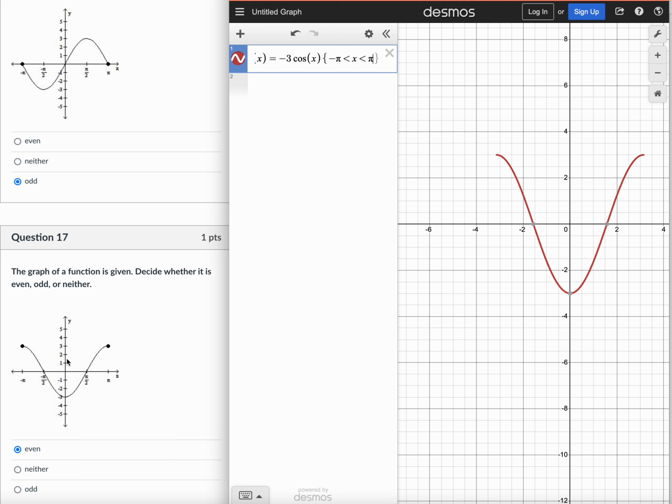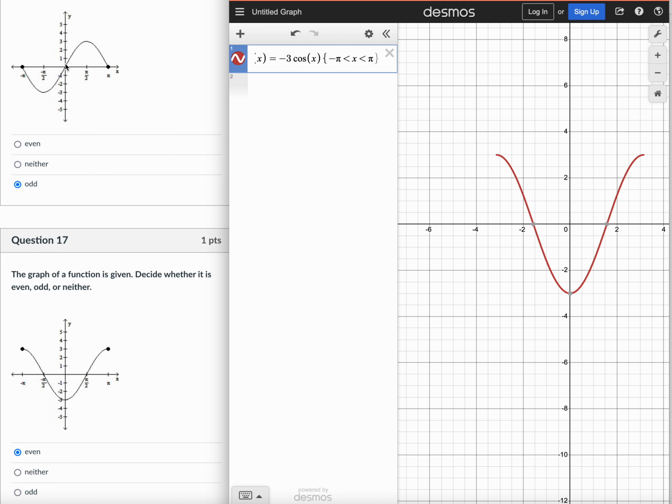Remember, even is symmetric with respect to the y-axis. Odd is not symmetric with respect to the x-axis. It is symmetric with respect to the origin. Okay? So that's the common error I want to point out here. Okay, I'll see you next time.